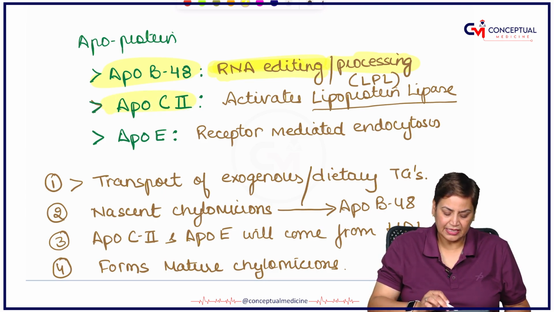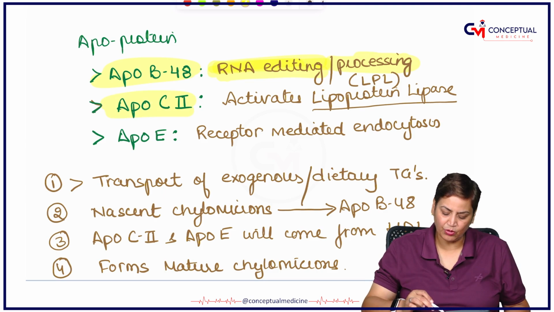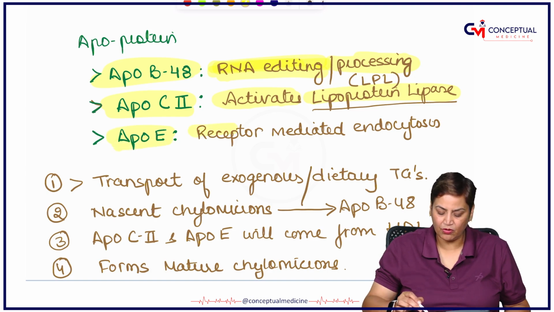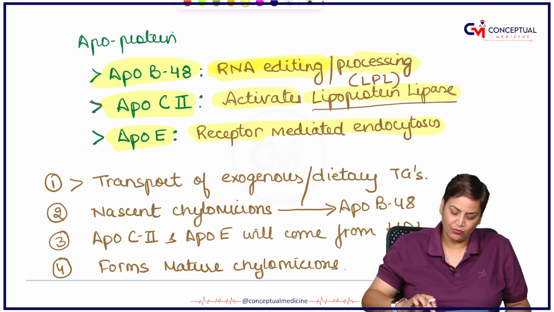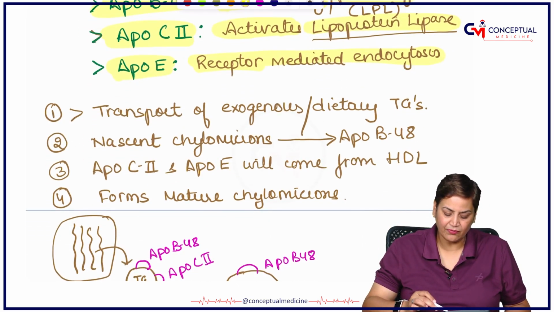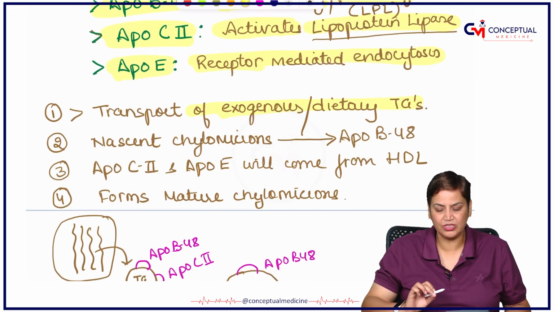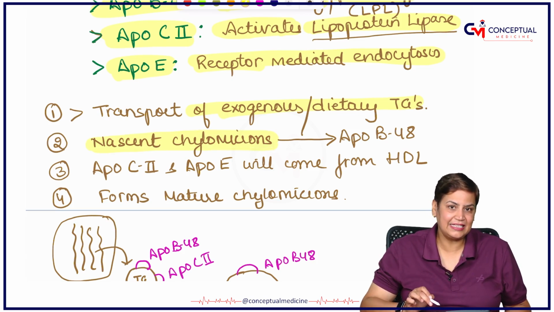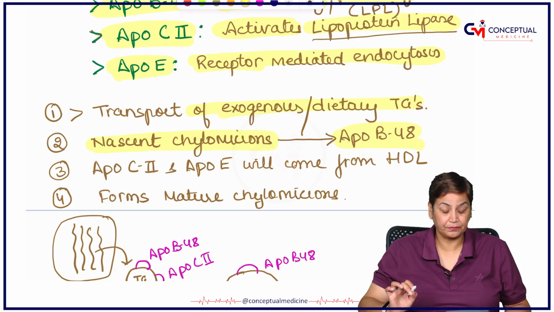Apo C-II is used as an apoprotein which is an activator of the LPL enzyme, and Apo E is responsible for receptor mediated endocytosis. And they are required for the transportation of exogenous TGs. The moment they leave the intestine, they are known as nascent chylomicrons and they are picked up by Apo B-48.